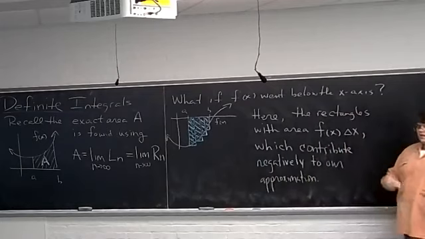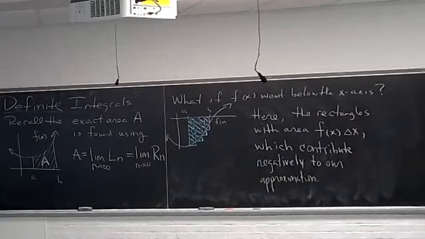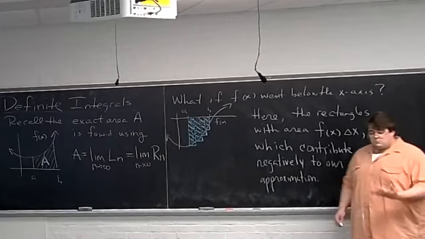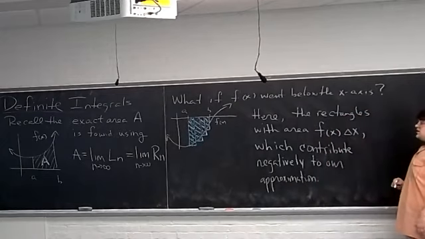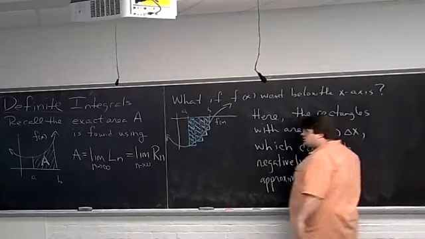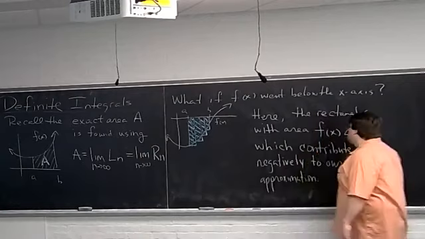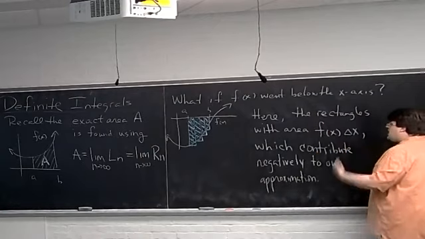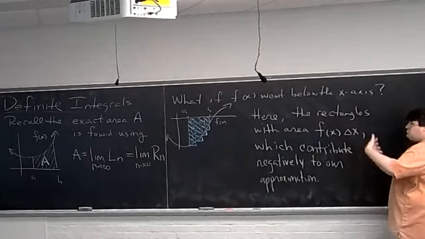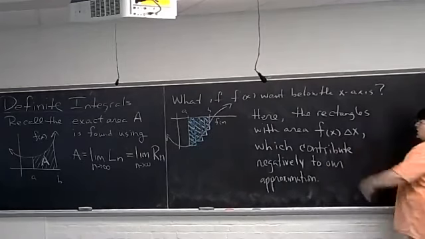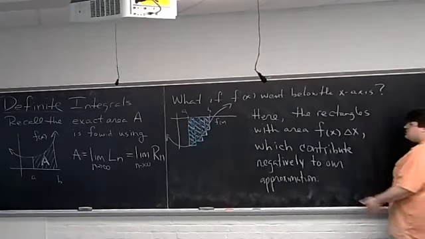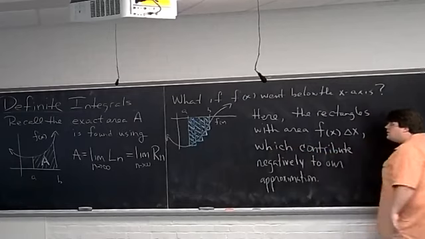Notice I'm not saying the areas of the rectangles are negative. I'm saying with the approximation we did, remaining consistent with the approximation we did, each rectangle piece with height f of x is negative, so this piece of our approximation would have been negative for each of these rectangles below the x-axis.